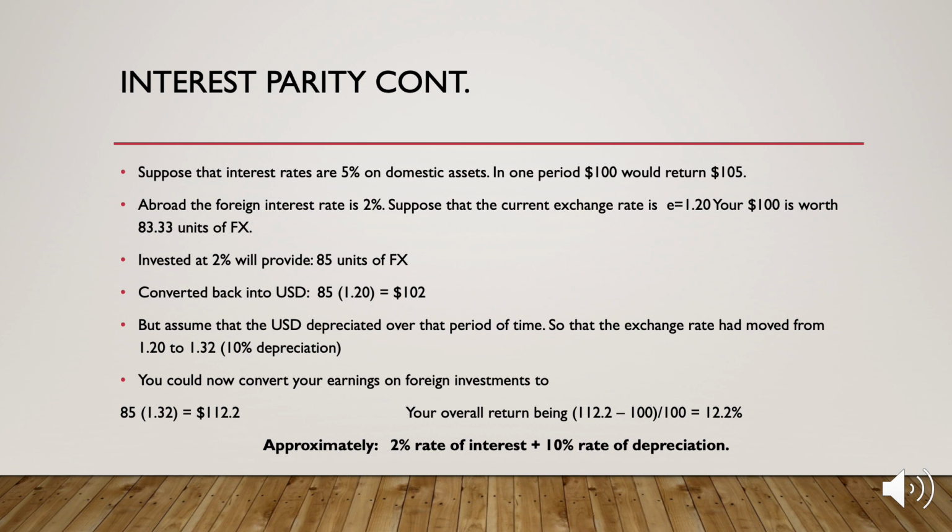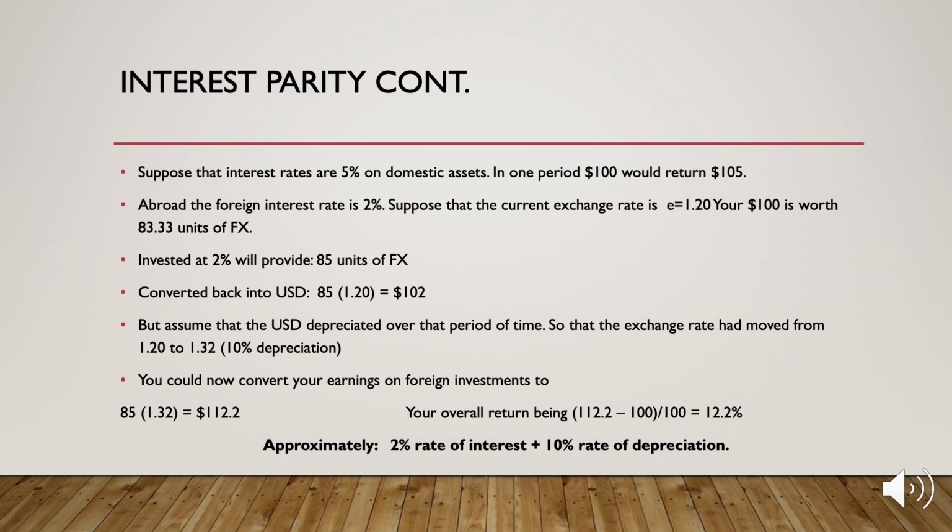Investing at 2% will provide 85 units of foreign exchange after one period. Now, if the exchange rate doesn't move at all and we convert back into US dollars that 85 units of foreign currency, we're going to use the same exchange rate that we used when we moved the money abroad. We're going to convert it back at 1.20.